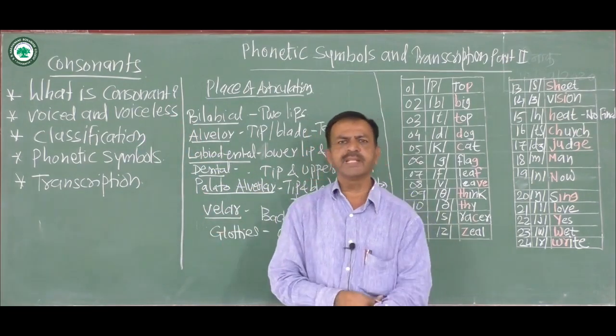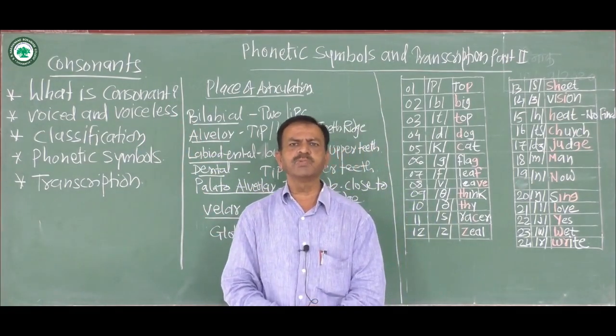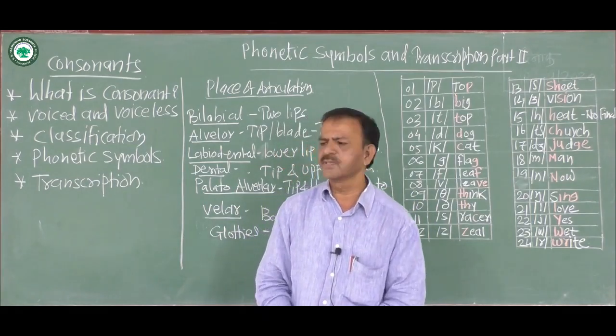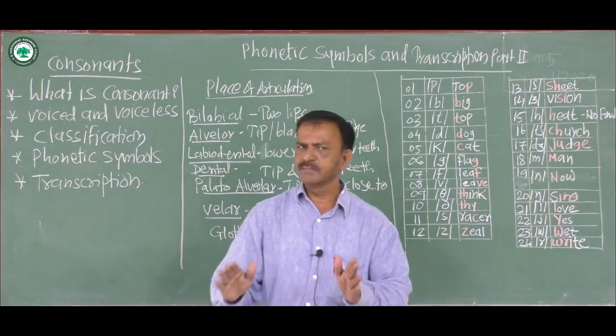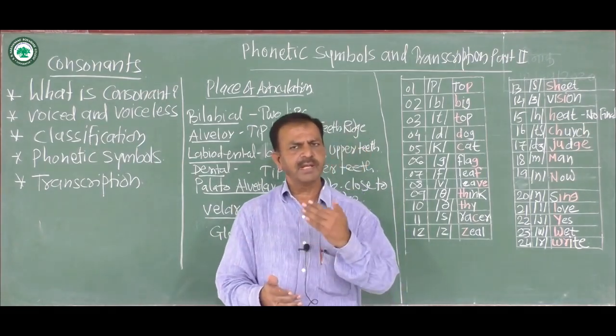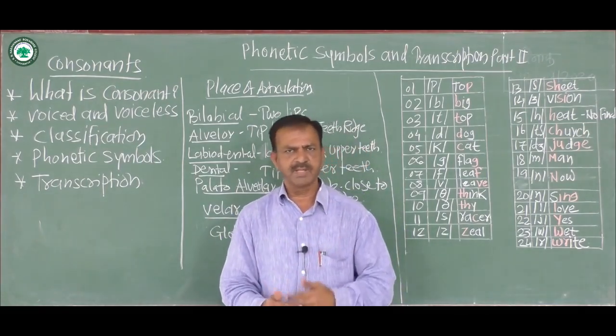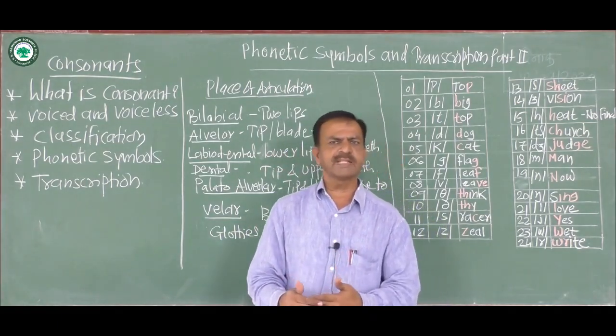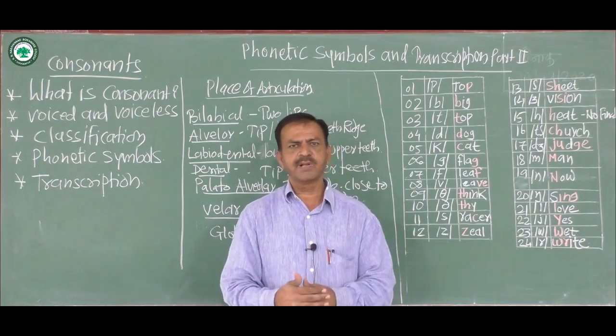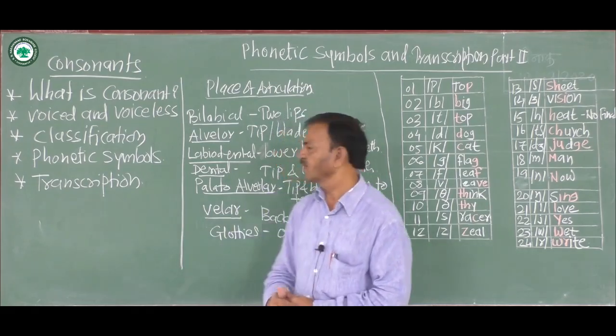The third one relates to the classification of sounds. What is this classification? That means the place of articulation and manner of articulation. Actually, the place and manner of articulation is not for your study, but for your better understanding.